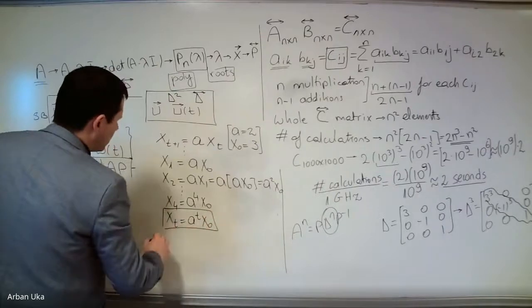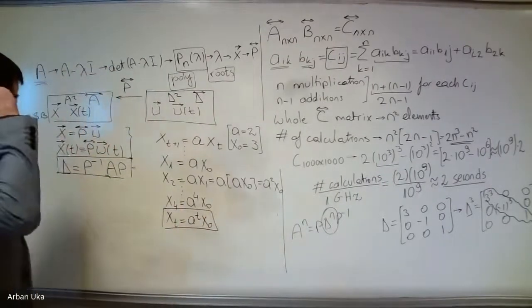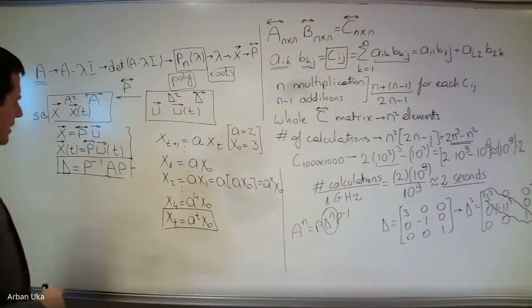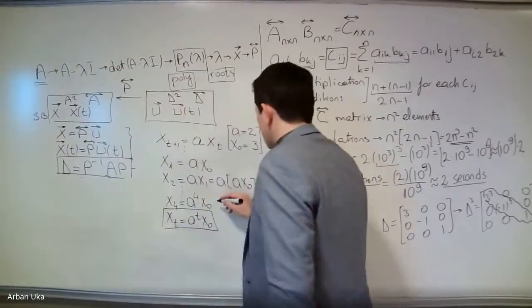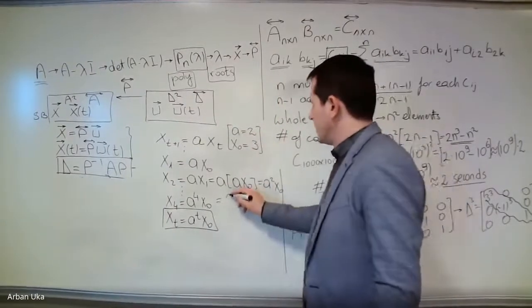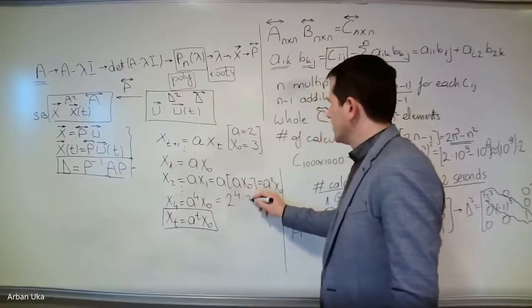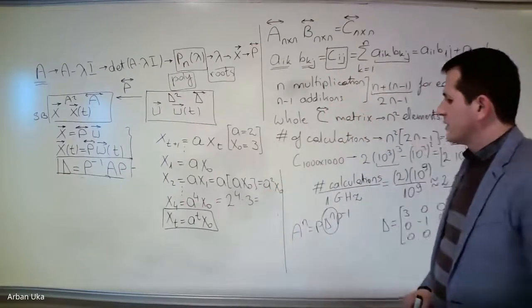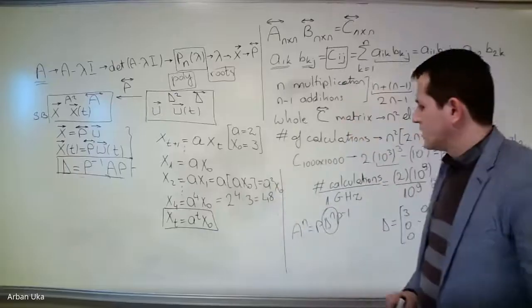So this is how numbers might evolve. But for a moment, let's try to find x4. If a is equal to 2, we get 2 to the power 4 times 3. So we get a number of around, what is this? 4 times 4, 16, 48. 48, thanks for the confirmation.